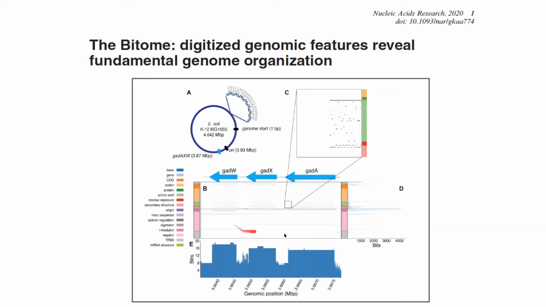So this is a comprehensive binary version of all the pieces of information that we can attach to a particular sequence. We are continuing to look at this for new organisms and now beginning to look at their bitomes, and I'll just leave it at that.